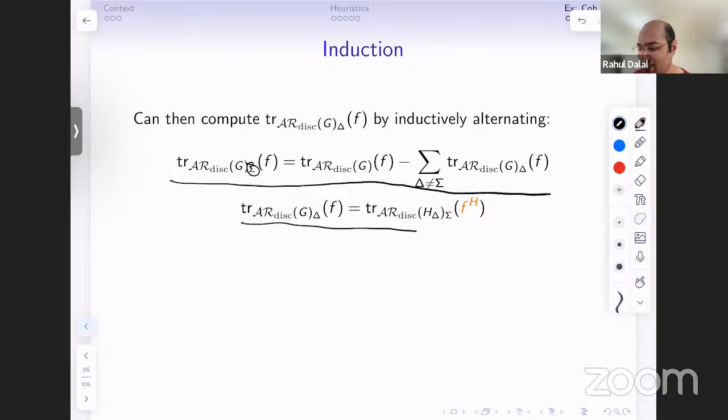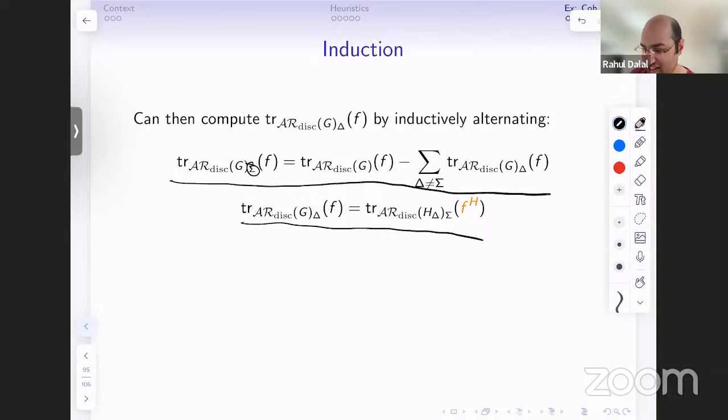And the second is the transfer notion that we were talking about before. So you want to understand a given shape on one group. You write that given shape on one group as the trivial shape on another group. You write the trivial shape on another group as the entire thing minus a bunch of shapes on even smaller groups. Then those shapes on even smaller groups become the trivial shape on even smaller groups. You alternate these two in some induction, and you eventually work your way down to a case that's maybe just an abelian thing that you can compute.